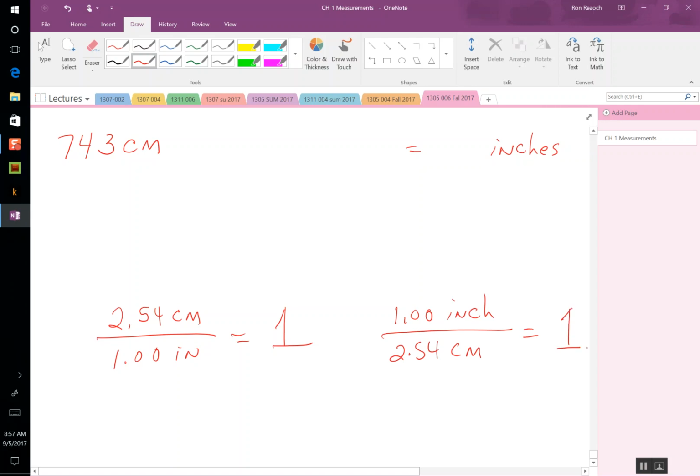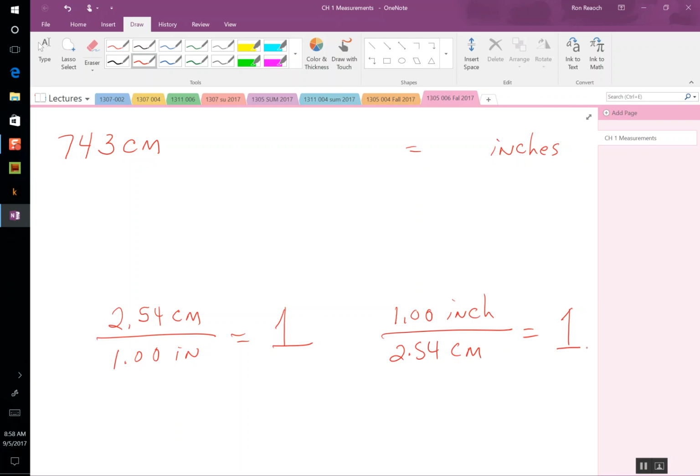This is exactly the same length as that. They are equal. We're expressing it in different units. Right? This line right here, that is 1 inch long. It's 2.54 centimeters long. All right?